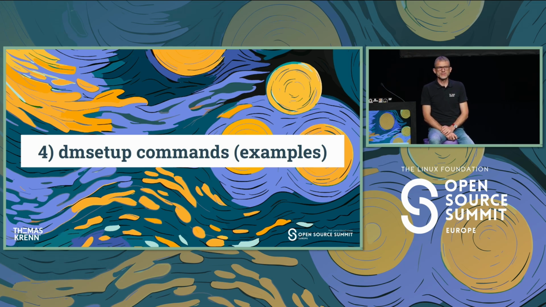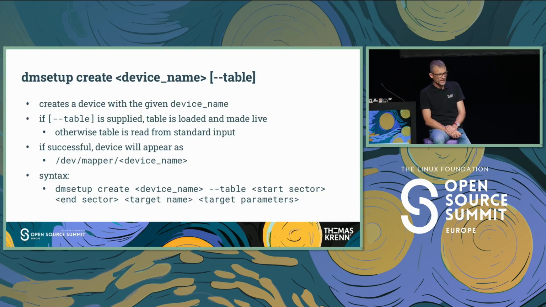So let's look at some commands, some examples when you're using dmsetup directly. How is it used? There are different commands. The first important command is dmsetup create, where you can create a new device with a given device name, and to choose which target type of device you're creating, you use the table option, where you configure what target to use, which range you're using, and stuff like that.